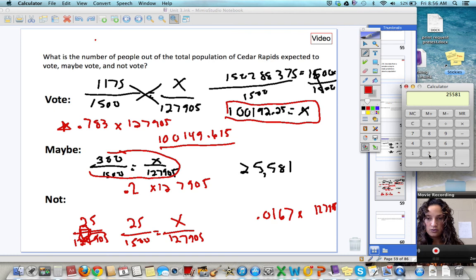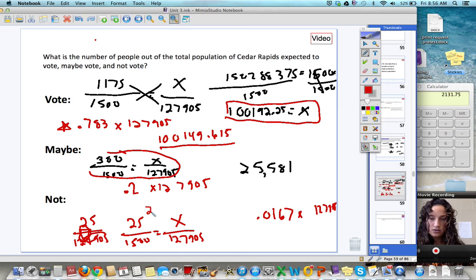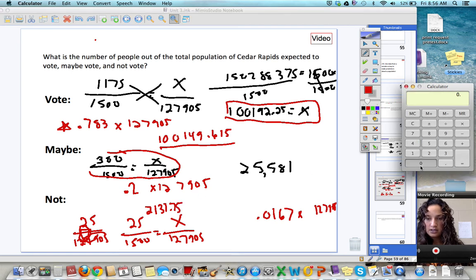So I'm going to do 25 times 127,905 divided by 500. So here I get 2131.75, and over here I would get 0.0167 times 127,905.